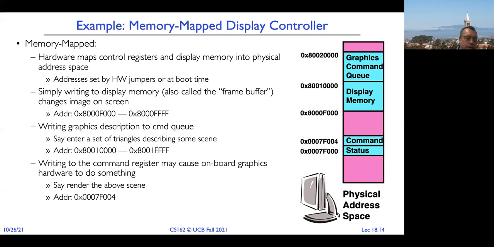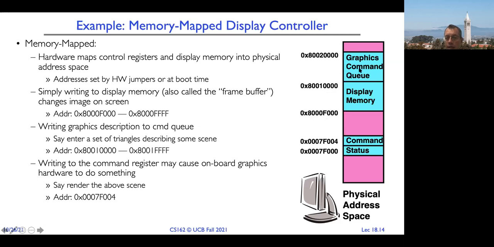And when you modify this memory, what you modify you see immediately on the screen. Right? So display memory is from this address, 8000 10000 to 8000 F000. This is a display memory.